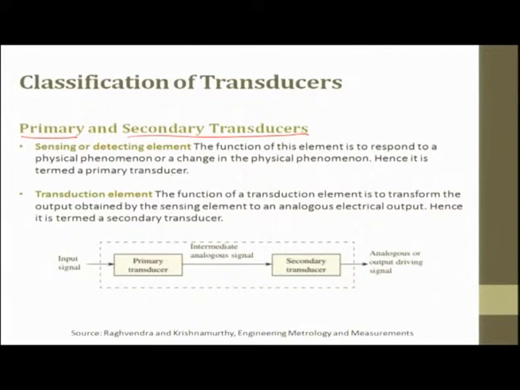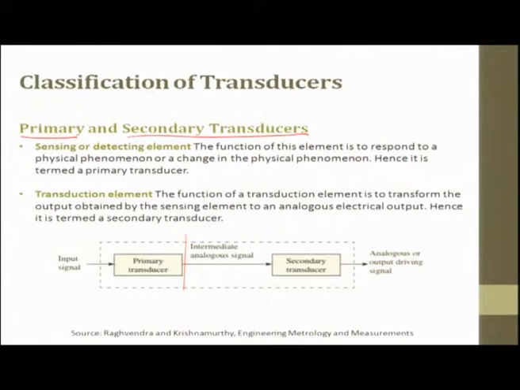For example, if you take a bituminous sheet and put it inside an acid or a base, the color changes. Acid is present, color changes, hence it is called the primary transducer. Clear? This is the primary transducer.